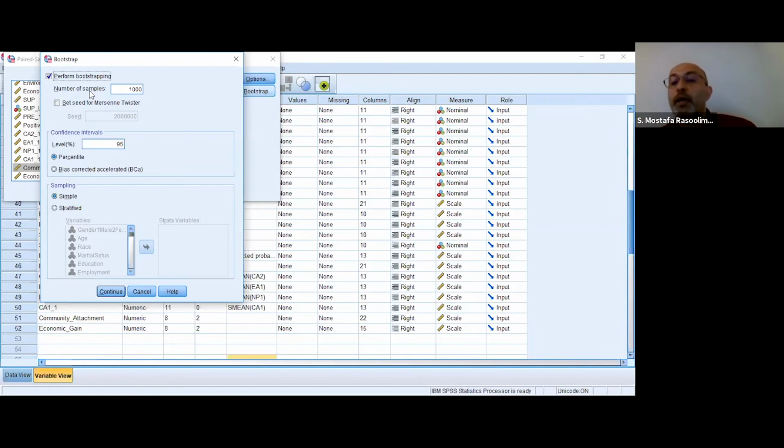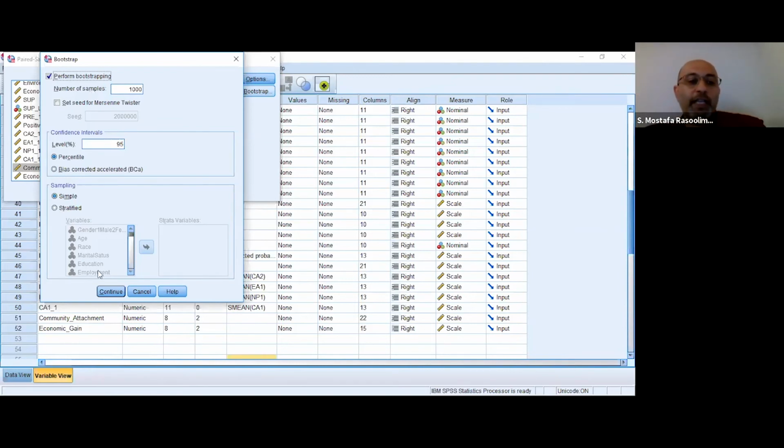I think after version 24, bootstrapping is included in the software. So using bootstrapping, you can still perform all analysis techniques that need normality, even if your data is not normal.